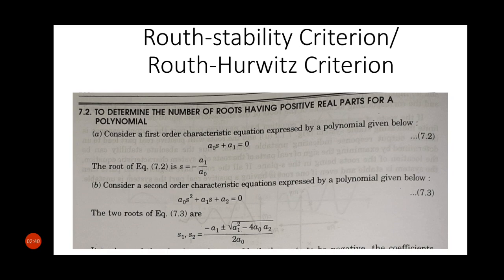Thus, if all the coefficients of a first order and second order polynomial are either positive or of the same sign, then it is concluded that the roots of the polynomial do not have a positive real part, and a control system whose characteristic equation is expressed by such a polynomial is stable.